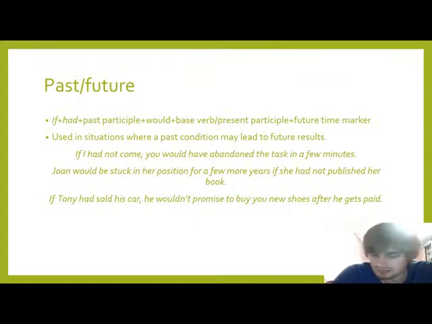Maybe he's a taxi driver. So if Tony had sold his car, he wouldn't promise to buy you new shoes after he gets paid.